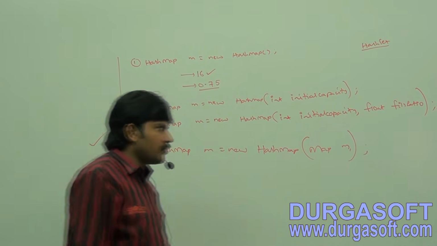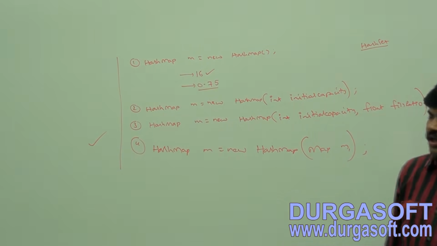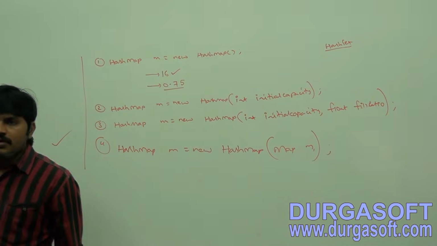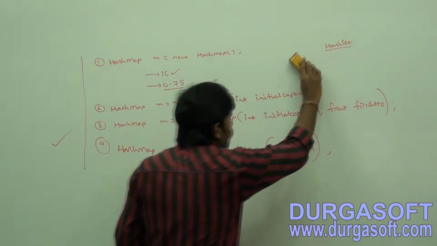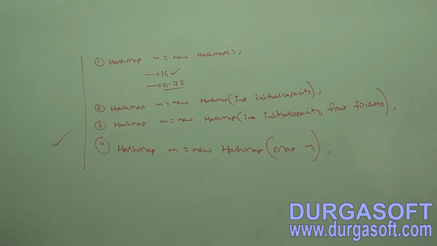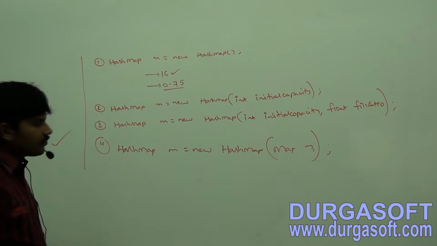Add only the first one, better to take only the first one. Hash map m is equal to new hash map.